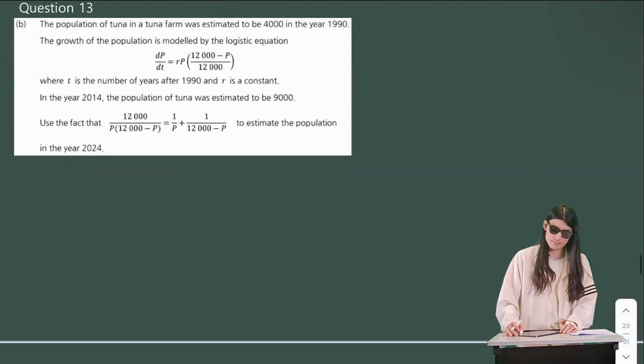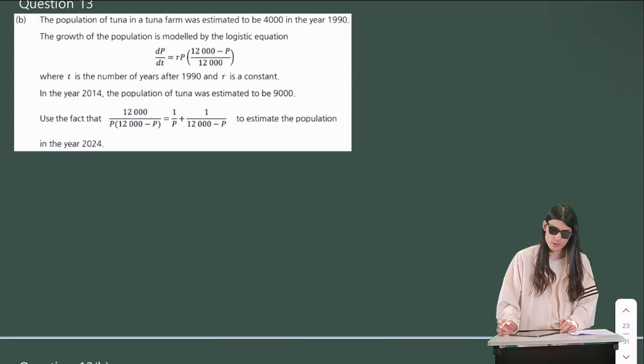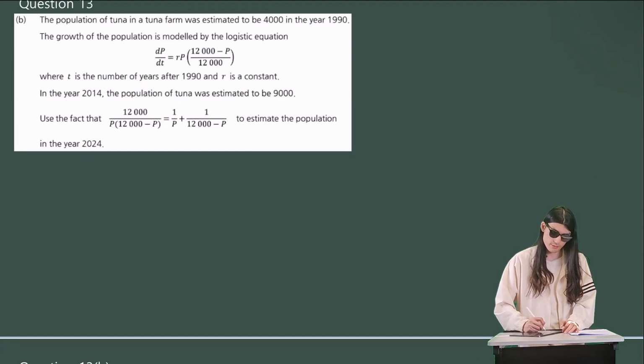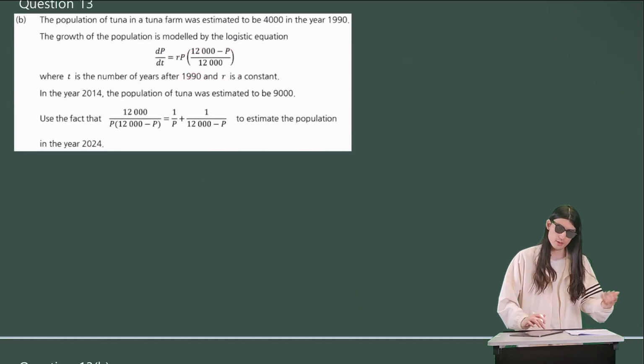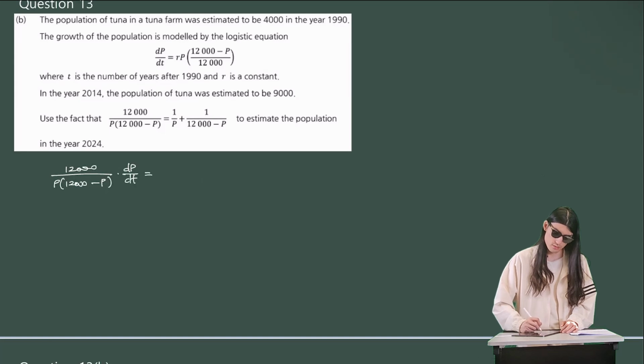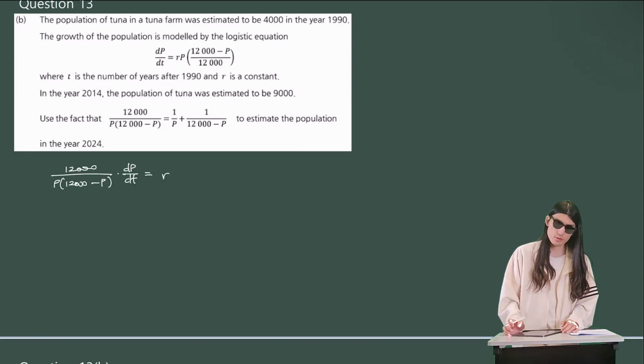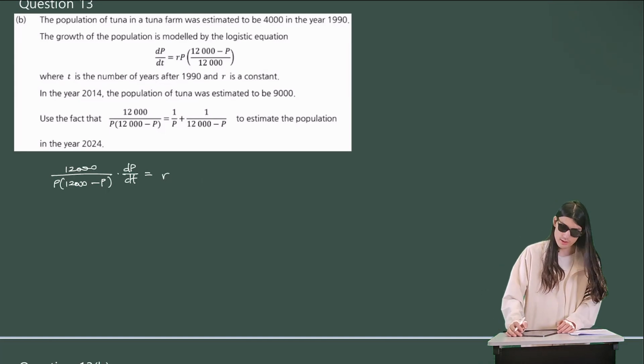Now, 13b, a typical logistic question, which we should solve by separation of variables and then integration. Separate out your variables first, meaning move the p's over to the other side, and then we get 12,000 over p times (12,000 minus p) dp dt is equal to r.